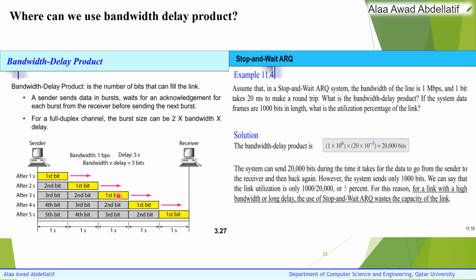The bits can fill the link, but I can send one frame or any number of frames according to the technique I am using, so I am sending part of this, but the maximum utilization is the bandwidth delay product. This is important: I'll calculate the utilization of the link using the bandwidth delay product.